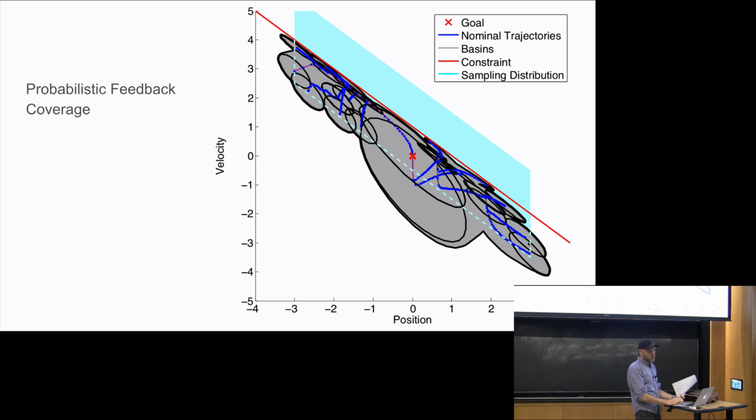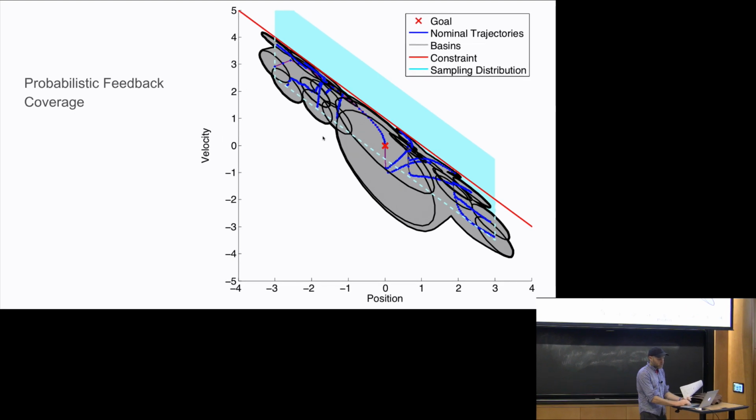So this is a Cookbook example that we made to try to show that picture, where we know the sampling distribution here is this cyan region, and we've constructed a system to have a known region of attraction that was on the bottom half of that red line.